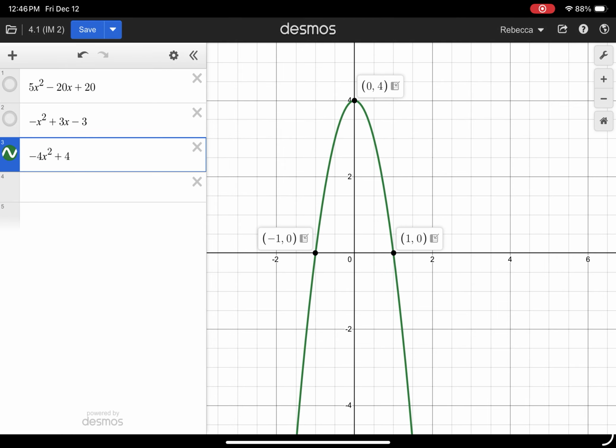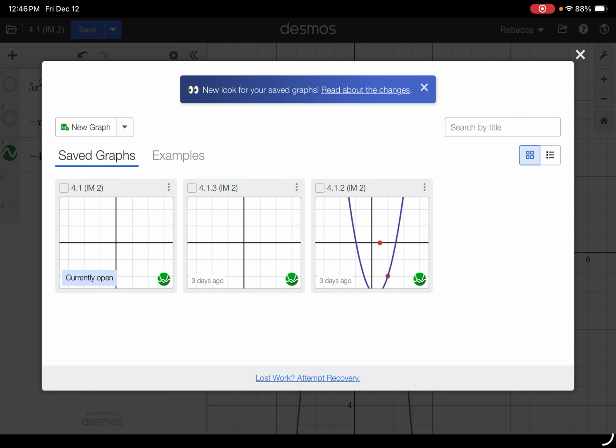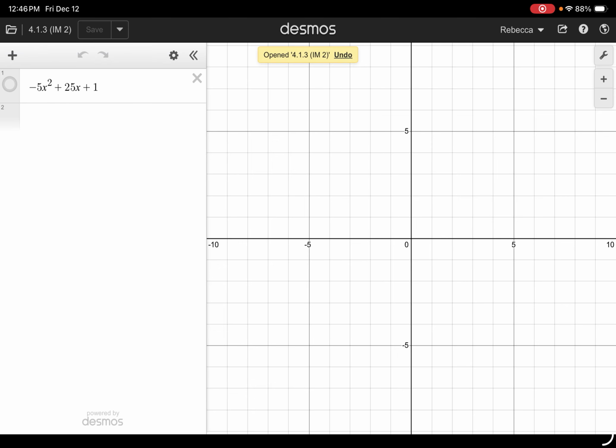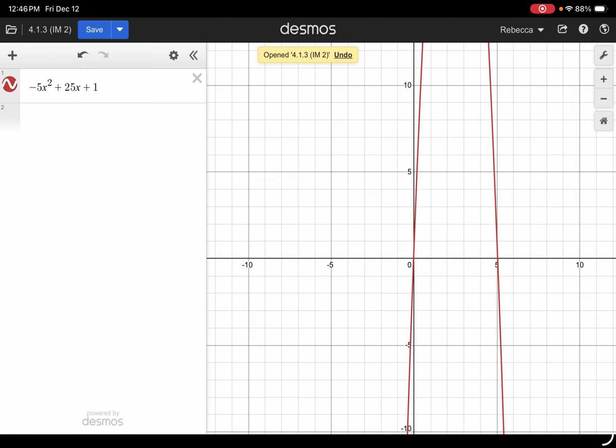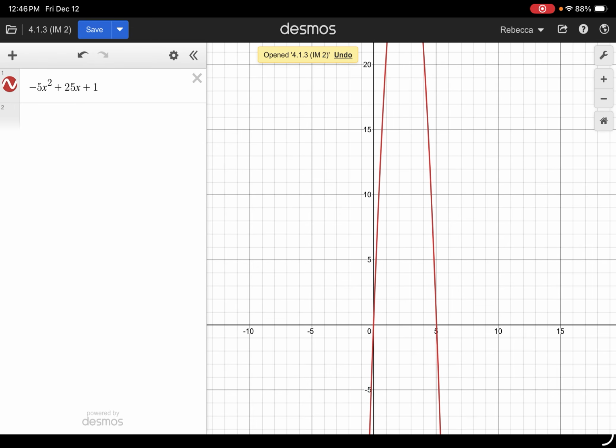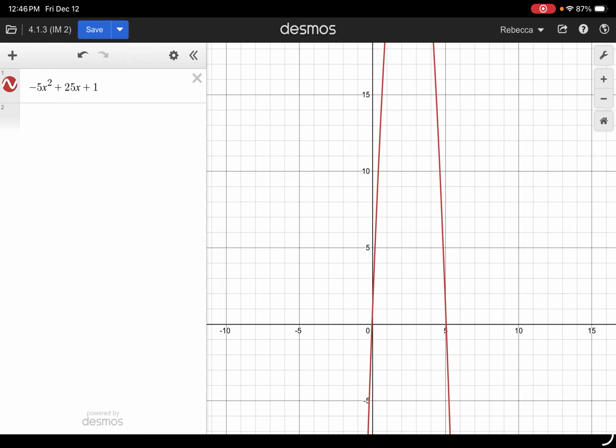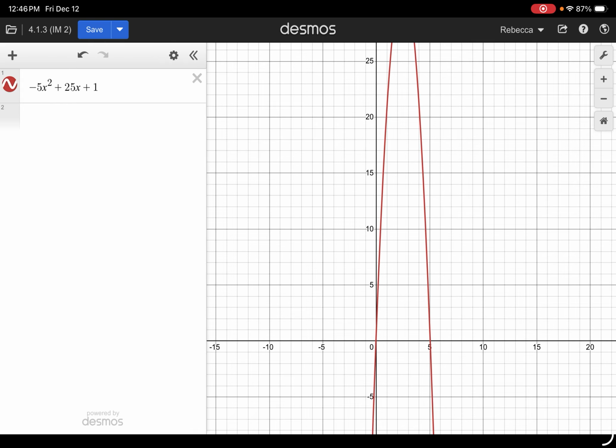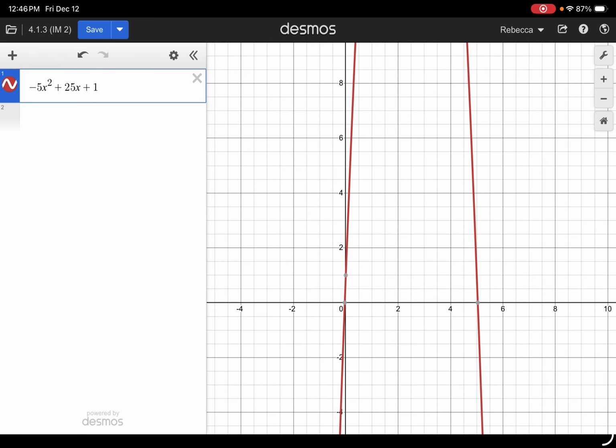Let me open my Desmos here. I'm just going to put that into Desmos. The vertex is way up top. I'm not worried about that. I'm just worried about my x-intercepts here.